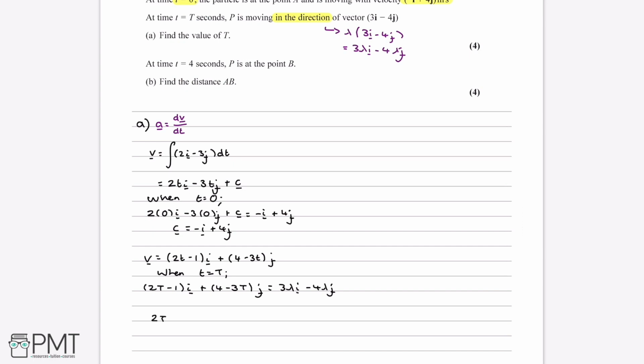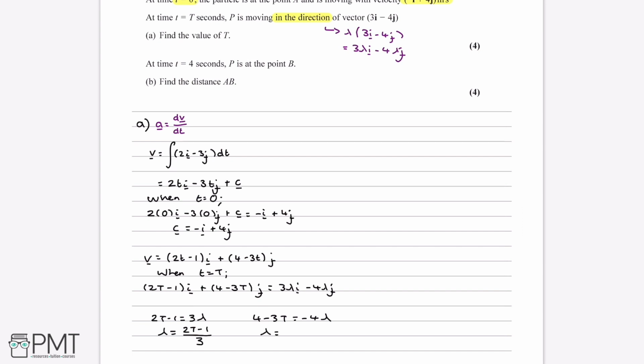So 2T minus 1 equals 3 lambda, and 4 minus 3T equals minus 4 lambda. If we rearrange both of these with lambda as the subject, we have that lambda is equal to (2T minus 1) divided by 3, if we divide both sides by 3.